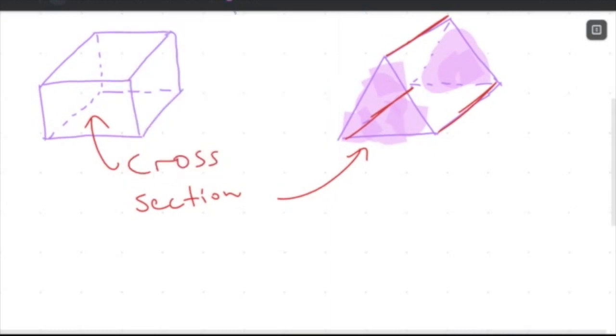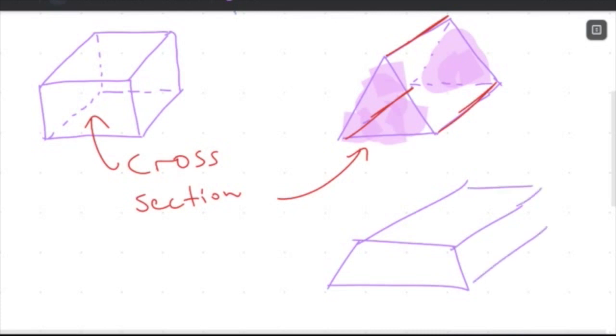Now, these can be any shapes, right? Another one here, for example. I'm going to draw a trapezium. So this is, for example, what we call a trapezoidal prism. And you can see it goes all the way through. It is a trapezium.